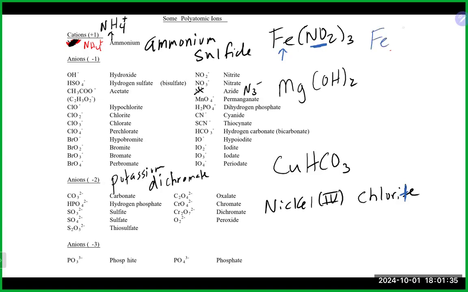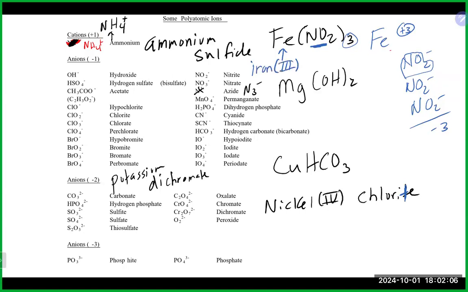So we have 1 iron. Once you know your polyatomic ions, you'll know that NO2 is a -1. And here there are 3 of them, which, if we add up all of our negative charge, is a -3. That means that the iron here has to carry a +3 charge. And that is all that we need. We're going to go with iron, Roman numeral 3.